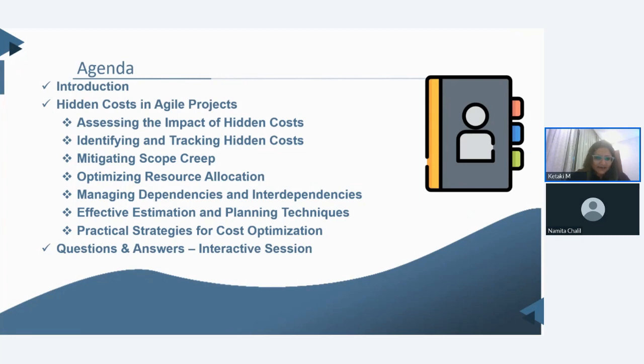Optimizing resource allocation, managing dependencies and interdependencies, effective estimation and planning techniques, practical strategies for cost optimization. And this is the final topic that we are going to cover today. And with that, we will open the forum in the last 10-15 minutes for questions and answers. And towards the end of this session, you will obtain one PDU from PMI.